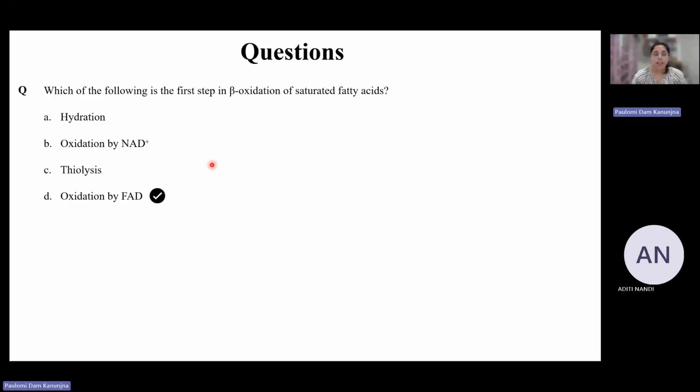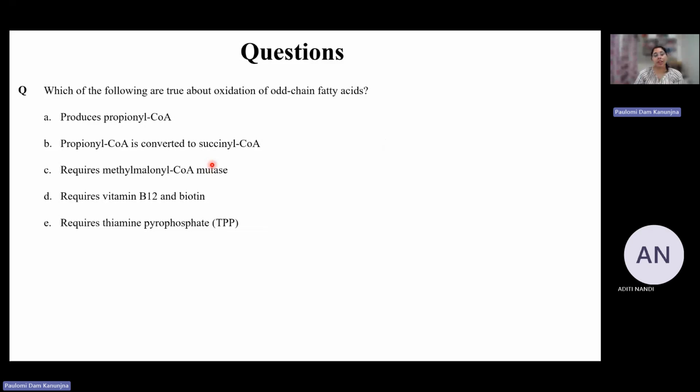See, it's easy, I told you. Next, which of the following are true about oxidation of odd chain fatty acids? So you have odd chain. Remember, we discussed this one intermediate that gives rise to succinyl coenzyme A, and the others give rise to acetyl coenzyme A. I did not discuss it in this case because we had a question where we can discuss this.